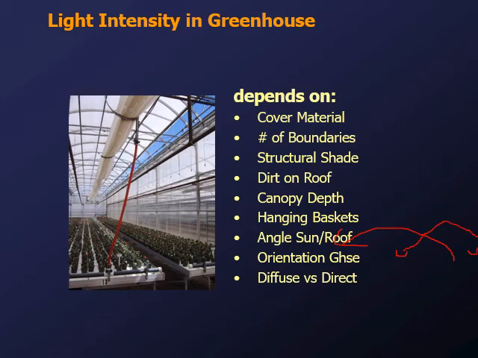If the sun is shining on the gutter, it's going to cast a shadow on my crop. And as the sun sweeps right to left, that shadow is going to move across my crop, which means the shadow uniformly impacts my crop across the same sweep. So I spread the loss of light over my canopy.